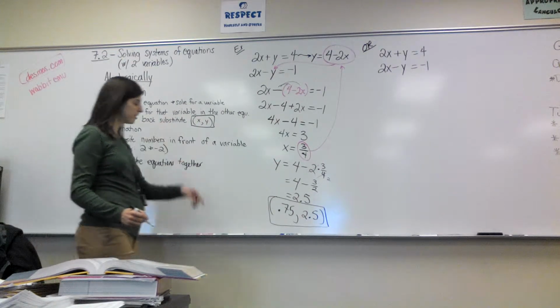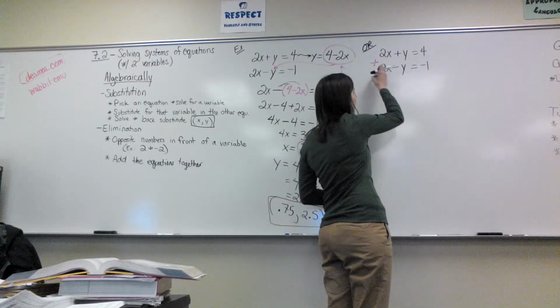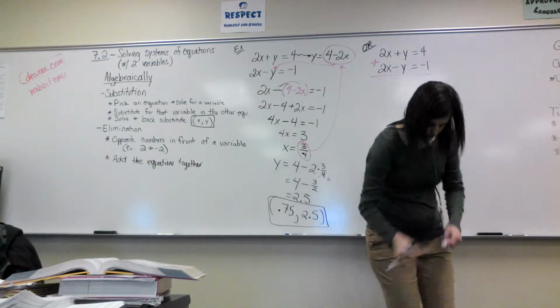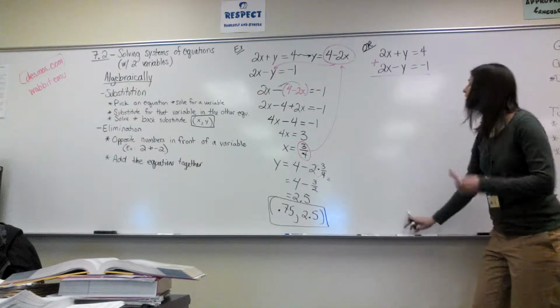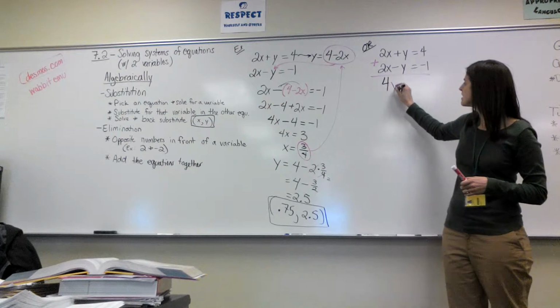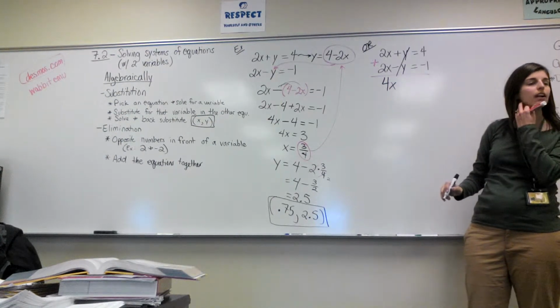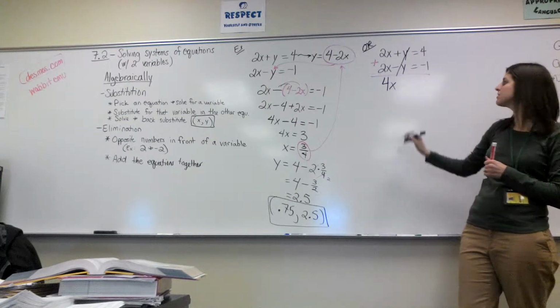Okay, so let's come over here. We're ready to add the equations together. When I add the equations together, I'm going to get 4x. Those cancel out. That'll happen if you get the opposite numbers.